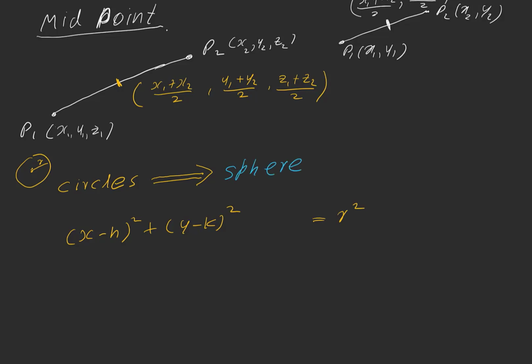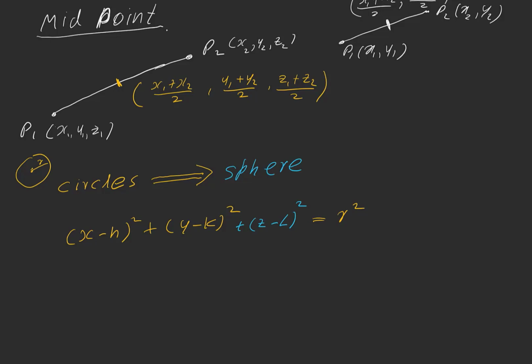So what is the equation of the sphere then? Yes, it is the actually extension of 2D: x minus h to power 2, y minus k to power 2, plus z minus l to power 2, and radius is the same r.